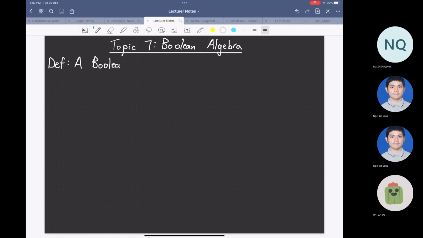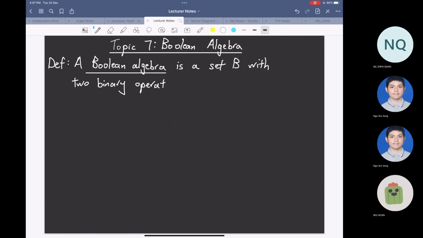So let's introduce the definition of Boolean algebra. First of all, it is a set. You should ask what the elements in the set are. They are just a bunch of variables. Imagine there's a set B, and there are two binary operations.